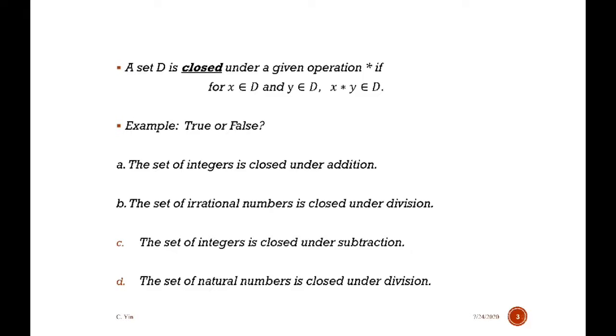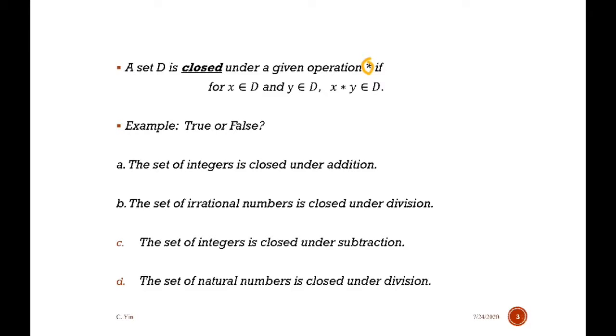Now, one definition that we're going to be using in connection with a property is the closure property, and we say that a set D is closed under an operation. We're just using the symbol star, but that star could be addition, subtraction, multiplication, so this symbol right here is just representative of a lot of different symbols that you could have.